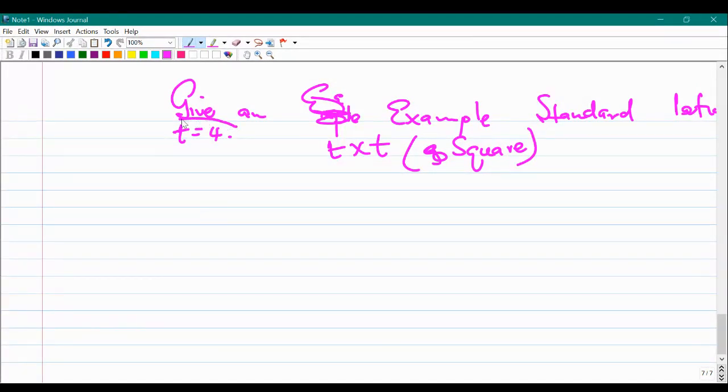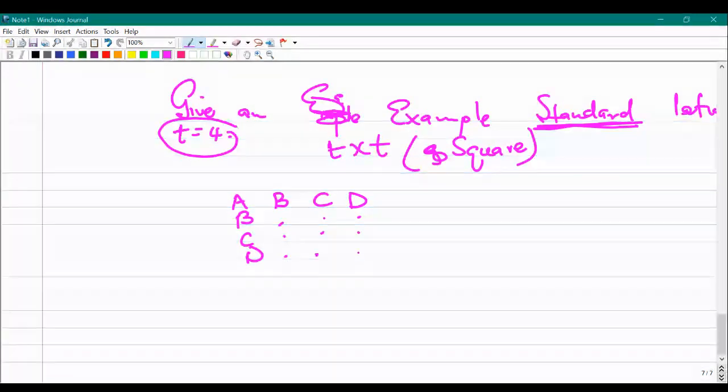With 4 treatments, you can name them A, B, C, D. Because it's a standard Latin square, the first row and the first column must be in alphabetical order. That is the definition. From there you fill the other cells, but make sure each letter appears once and only once in each row and each column.